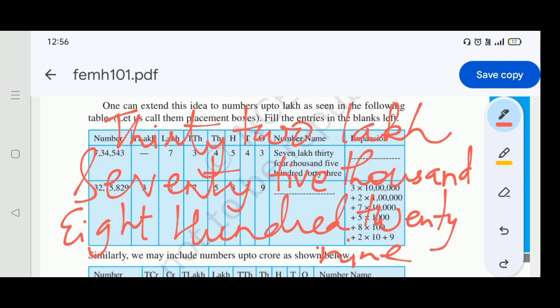This is the number name for this number: 32 lakh 75,829.